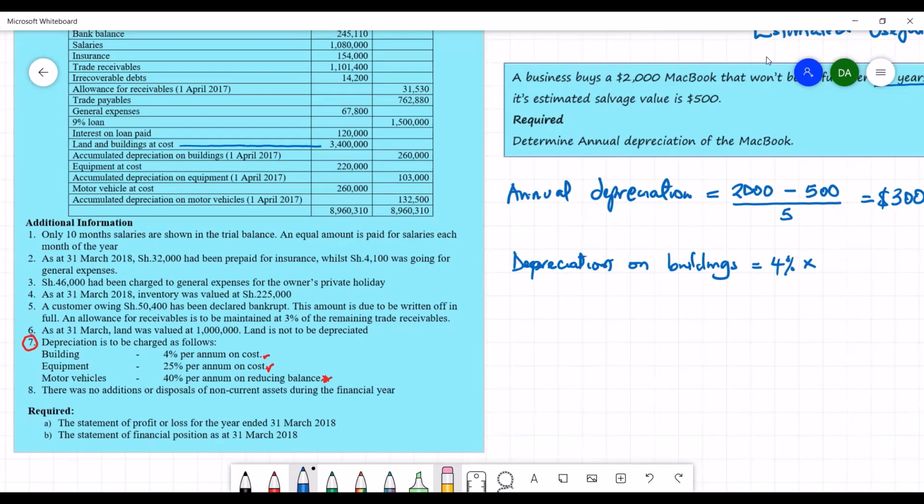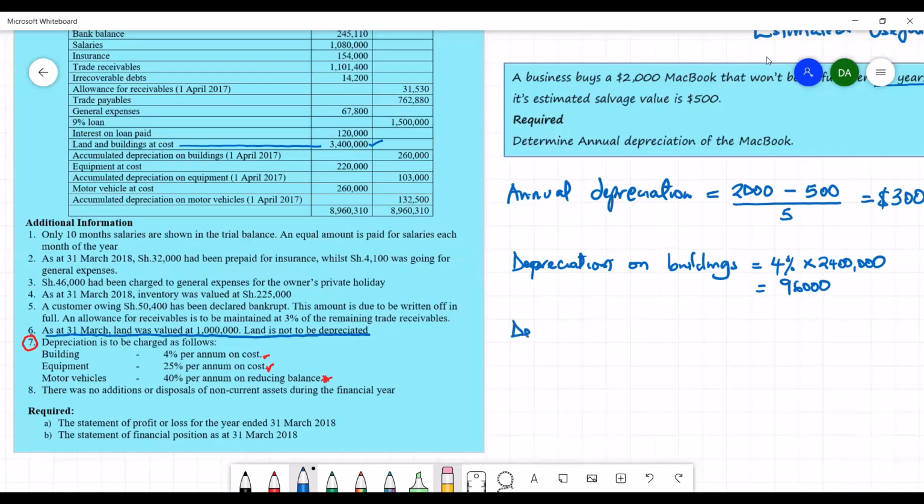But we are told in additional information number 6 that as at March, the land was valued at 1 million. Meaning inside 3.4 million, building is 2.4 million, and land is 1 million. So we multiply 4% by 2.4 million, and that will give us 96,000. That is the depreciation on buildings.